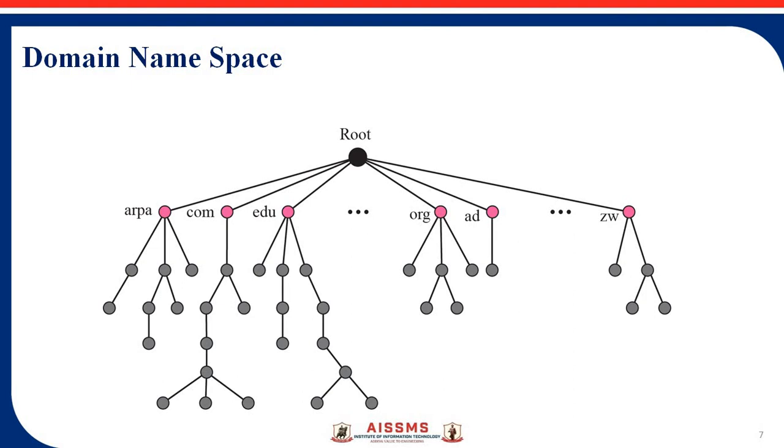To have a hierarchical namespace, the domain namespace was designed. In this design, the names are defined in an inverted tree structure with the root at the top. The tree can have 128 levels, level 0 (root) to level 127.